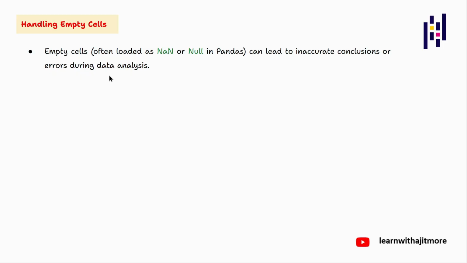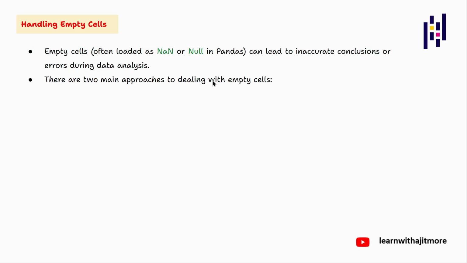Suppose you want to take the entire column's mean or standard deviation, or do other statistical work on that column. If the column contains NaN, not a number, it will not give you a correct result, or sometimes it will give you an error as well. So what to do? Either remove it or replace it with something. How to do it, I'll tell you.